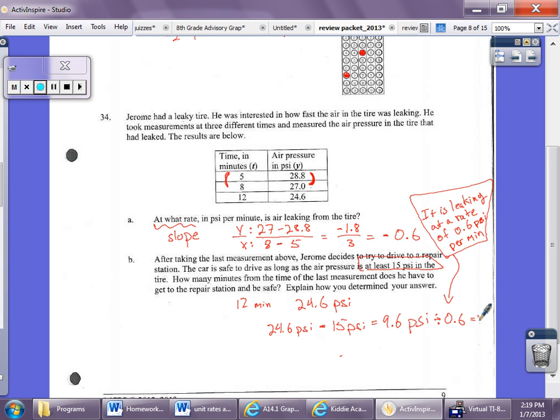So that means we have 16 minutes until we can't drive anymore. So we have 16 minutes left in the tire until we are completely out of air and it's not drivable.